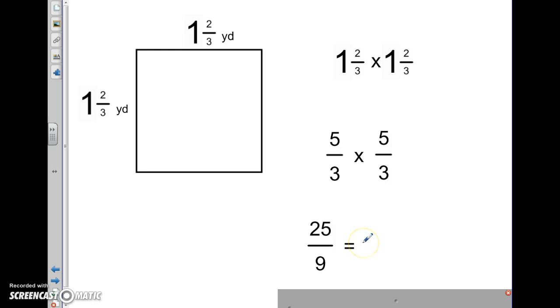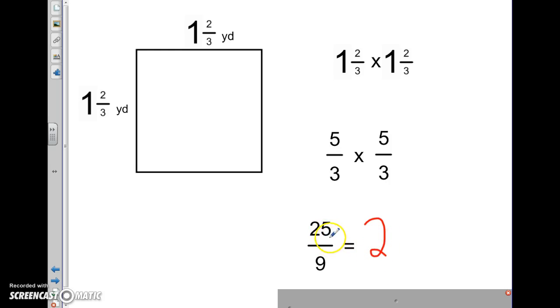Well, I know my multiples of 9. The second multiple of 9 is 18. The third multiple is 27. 27 is too many, so it can't be 3, so it's going to be 2. And so that would be 18, because 9/9 would be 1, and 18/9 would be 2.